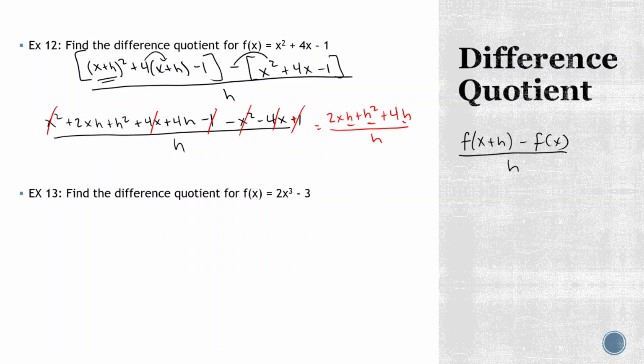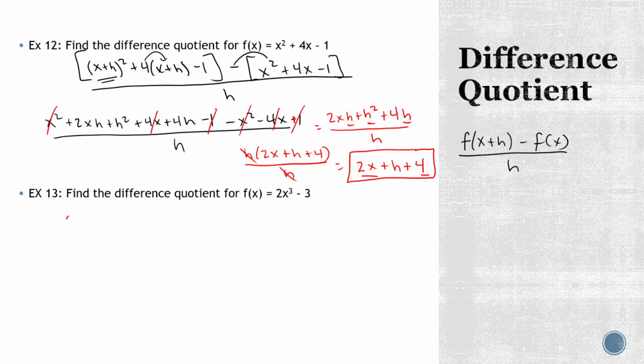And then I see that they all have an h. Okay, and so my final answer is 2x plus h plus 4. In calculus class, what you'll find out is the derivative is this 2x plus 4. The h is going to end up going to 0 as we find that tangent line.